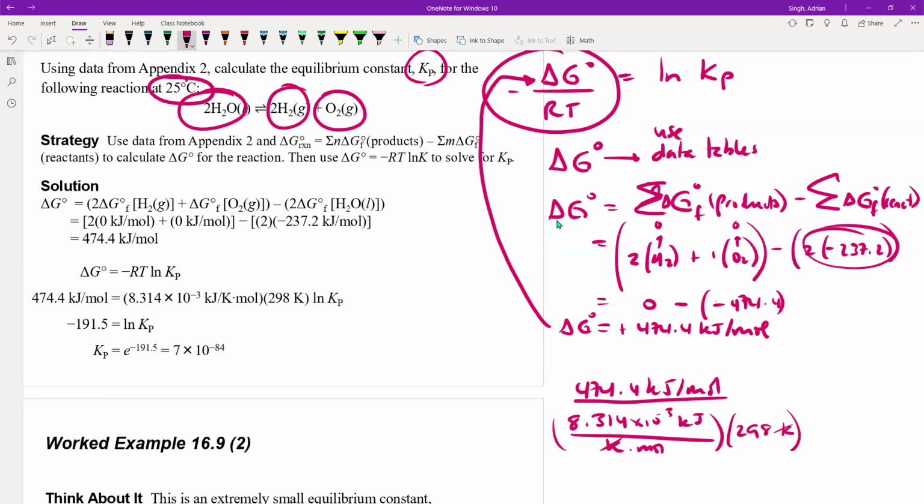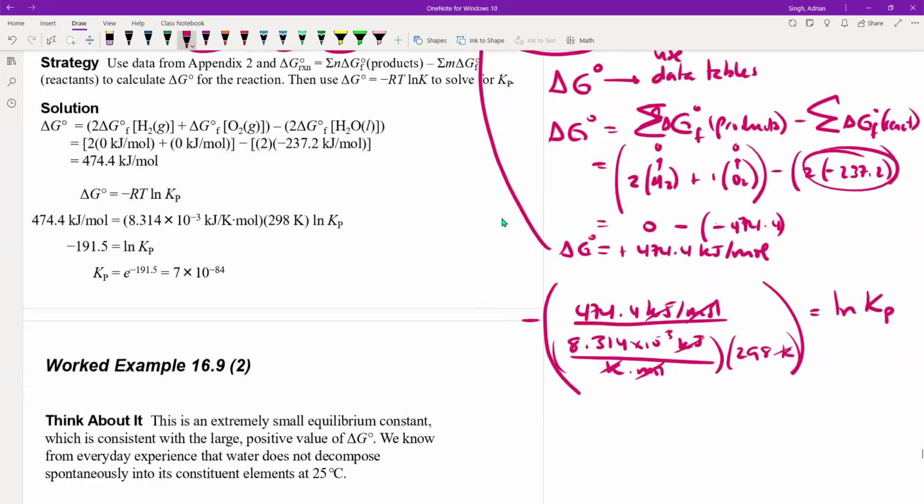Moles go away, kilojoules go away, and then don't forget your sign. I've got the negative sign that we have in front. The negative of all of this is equal to the natural log of Kp.